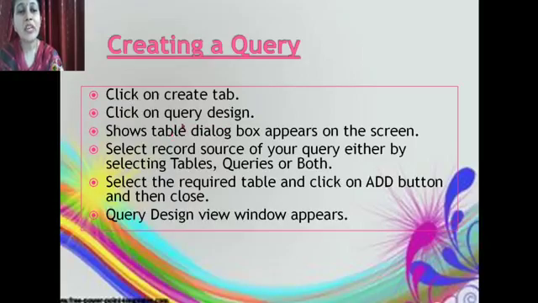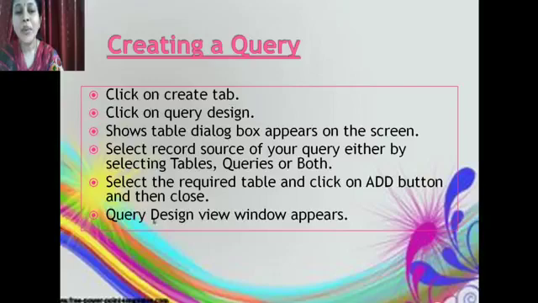When you click on query design, a show table dialog box appears on the screen. Then you have to select the record source of your query, either by selecting tables, queries or both. Once you have selected the required table, click on the add button. Then you have to close the window.